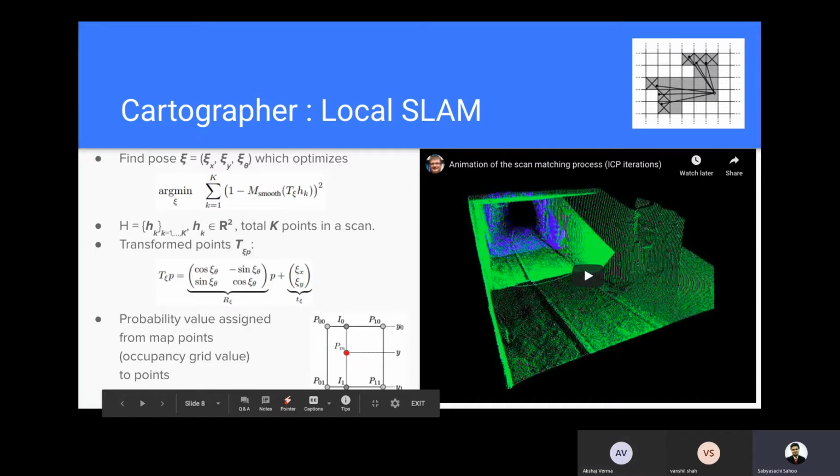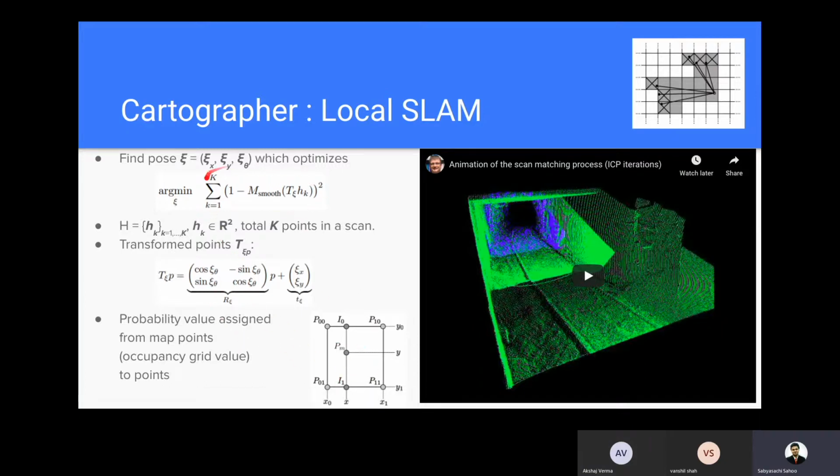PM moving means all the points in the second scan are transformed by that small pose, and as a result we see the value. So from here we moved by epsilon 1, epsilon 2, epsilon 3, 5, 6, 10, and maybe we found it at epsilon 7. Whenever all the points of the second scan were transformed by epsilon 7, that resulted in the minimum value for this equation.